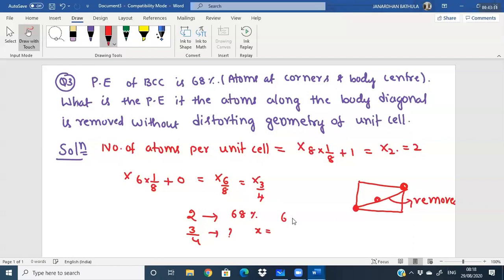Then x equal to 68 into 3 by 4 by 2, which is equal to 68 into 3 by 8, approximately 25 percent.